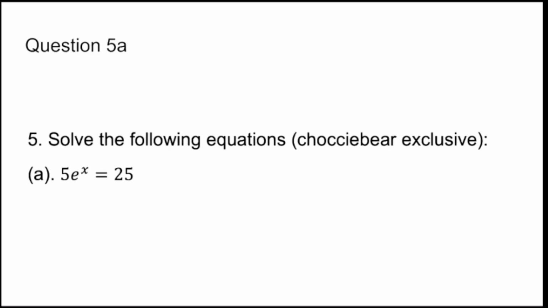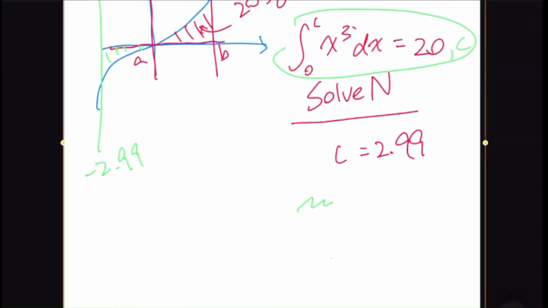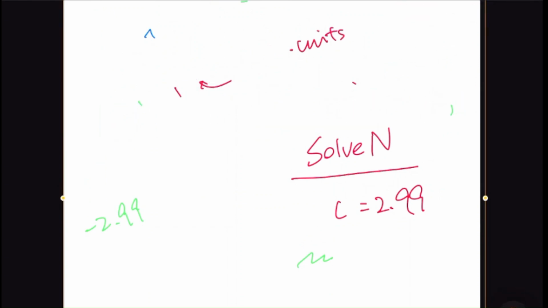Okay, awesome guys, ln 5. For those who didn't work it out as quickly, I'll still do a quick run-through of how to do the log equations.